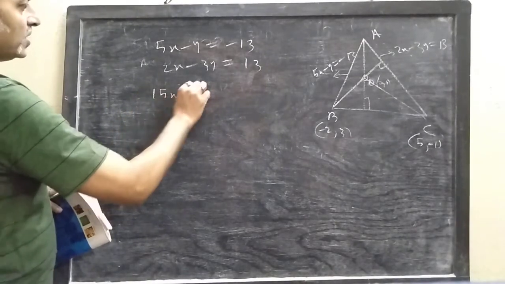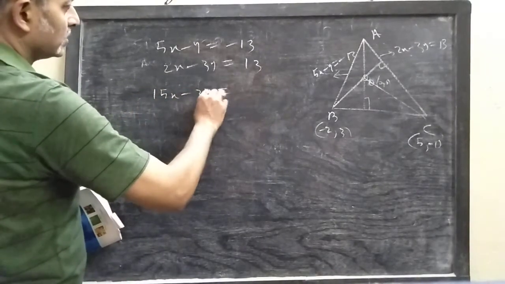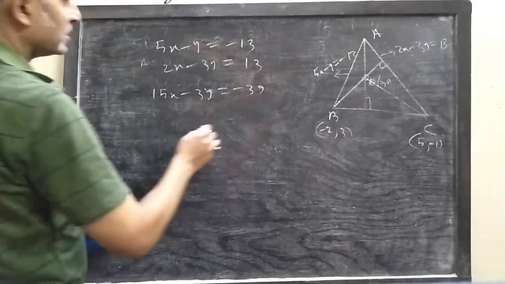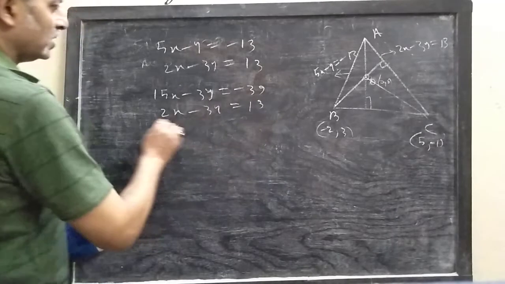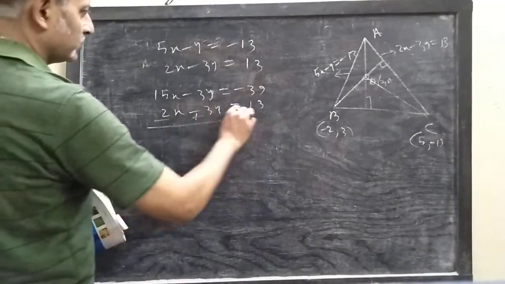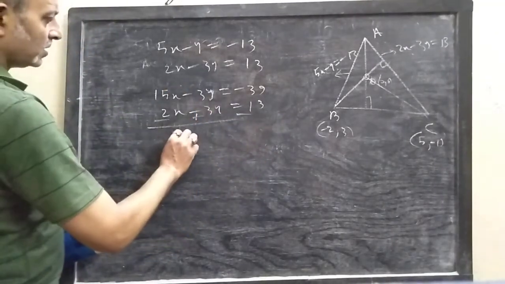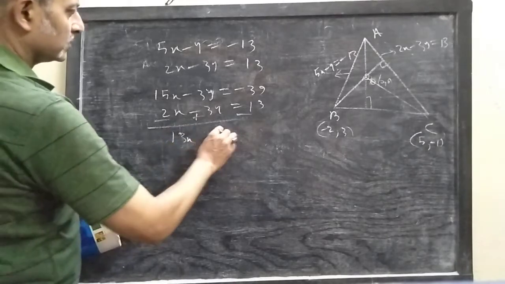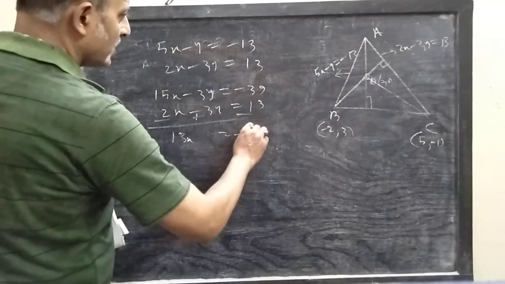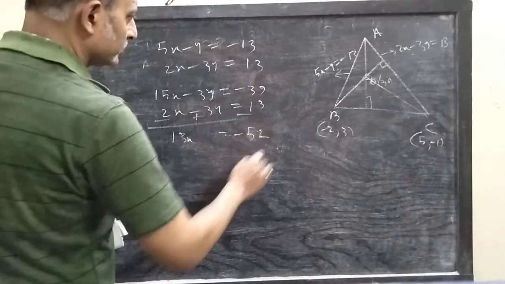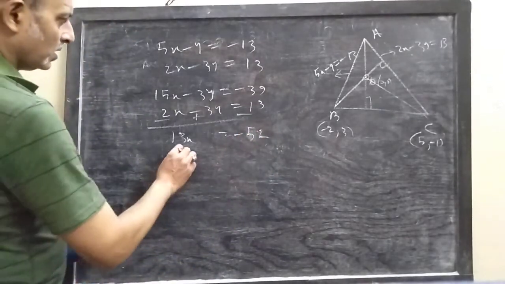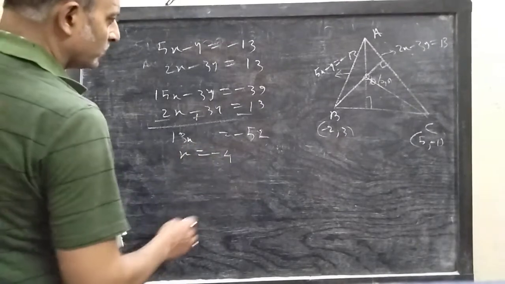We get 15x minus 3y equals minus 39. This is 2x minus 3y equals 13. Just subtract. You get 13x equals minus 52. That is x equals minus 4.